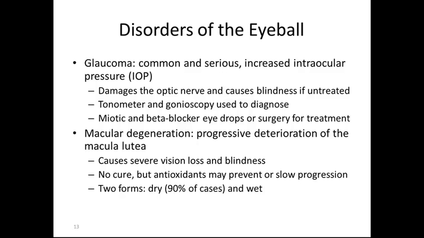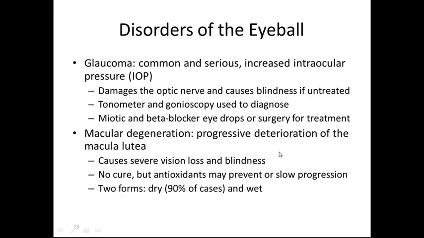This is when you go to the doctor's office and they shoot a quick puff of air at the eyeball to see the reactivity of the lens. Glaucoma is often treated with miotics or beta blocker eye drops, and sometimes surgery will treat glaucoma too, depending on if it is an open angle or closed angle glaucoma.